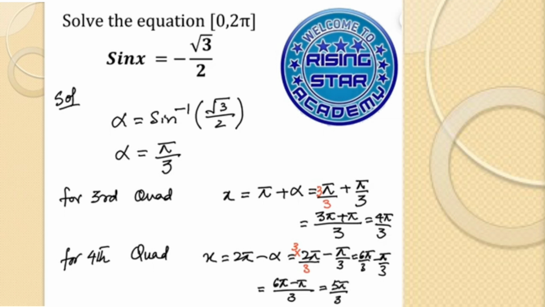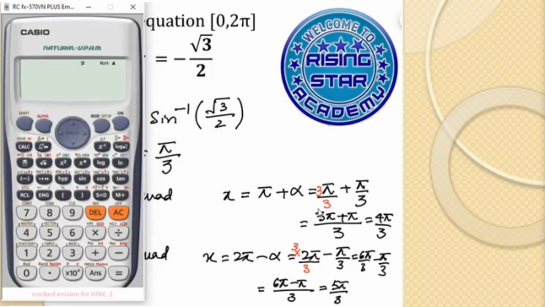Now I would verify the answers. On both angles, 4 pi by 3 and 5 pi by 3, the answer should come out as negative square root of 3 over 2. So we'll check. Sine of 4 shift with pi over 3, that is negative square root 3 over 2.